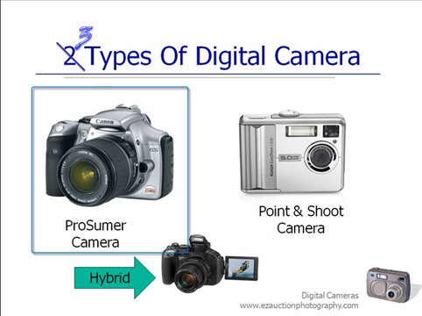There's another kind of camera that mirrors more like the old 35mm format cameras, and it's referred to as a prosumer camera or a digital SLR camera. These cameras have a few more functions that are specifically geared towards serious shutterbugs or professional photographers.